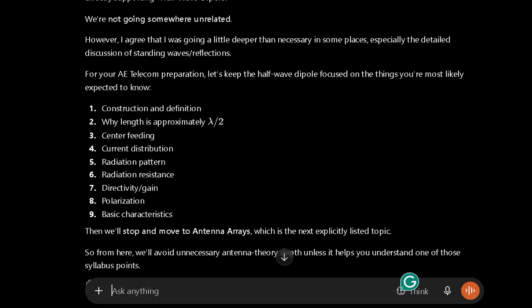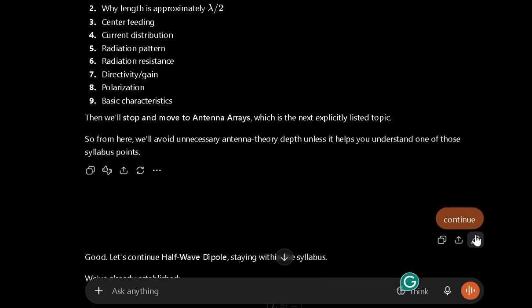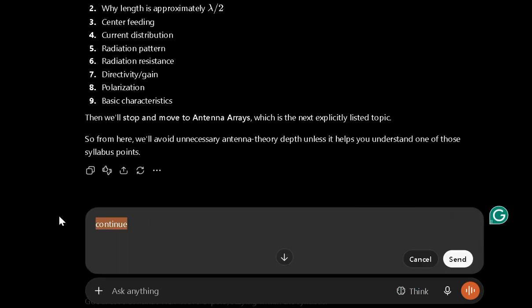What is the radiation pattern? It is simply something with a formula, based on which radiation goes in different directions. I wanted to tell something, but I forget. Let's continue.